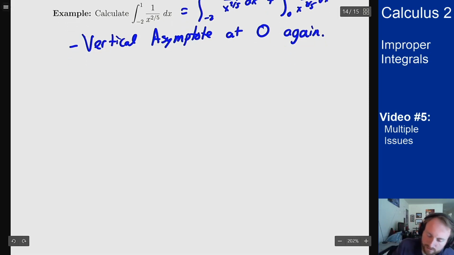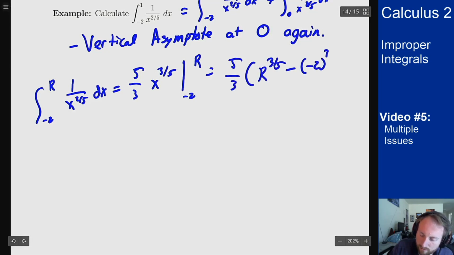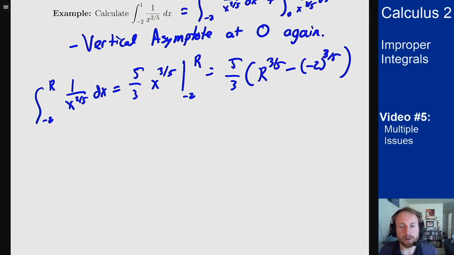So the first one gives me the integral from minus 2 to r of 1 over x to the 2/5, which gives me 5/3 x to the 3/5 from minus 2 to r, which is 5/3 r to the 3/5 minus minus 2 to the 3/5. And now what happens as r goes to 0?